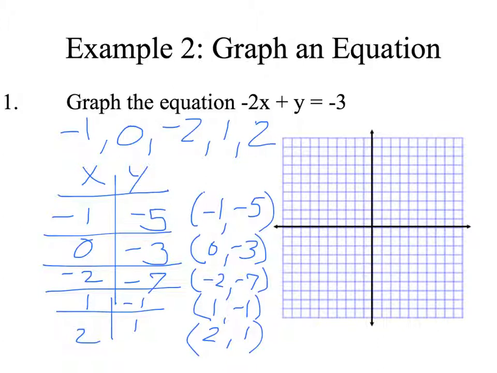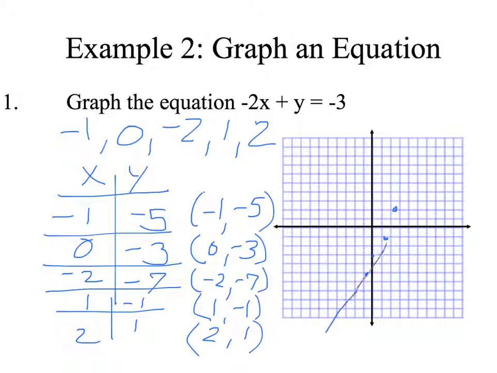Over to -1, down to -5. 1, 2, 3, 4, 5 would put me right about there. 0, -3, right about there. -2, -7 would be right about there. 1, -1, and 2, 1.